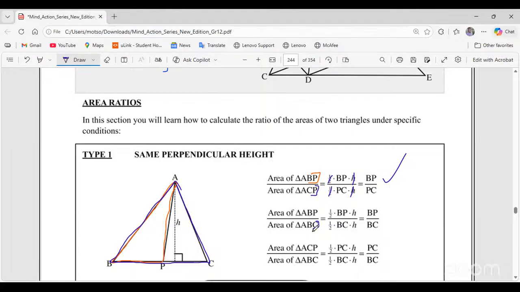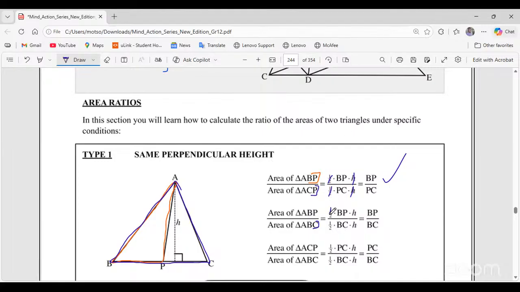Now, what is the area of the triangle ABC? It's going to be half times the base of this blue triangle, ABC. The base of that triangle is BC, and the height of triangle ABC is H. We substitute our H there.